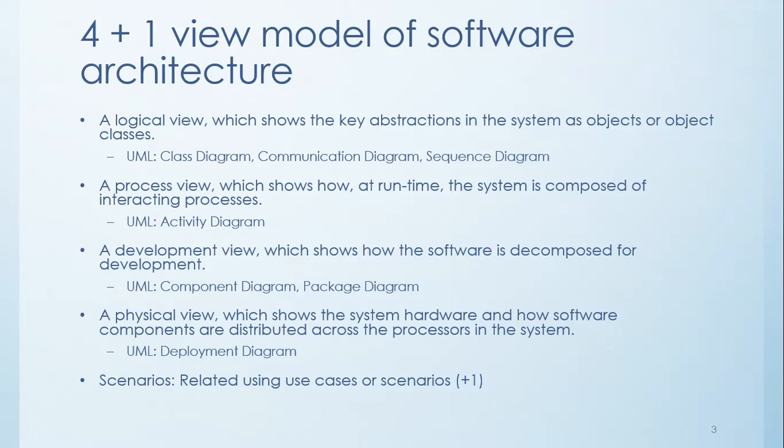The physical view shows the system hardware and how software components are distributed across the processes of the system. So that's where you're going to deploy the different parts of the system.